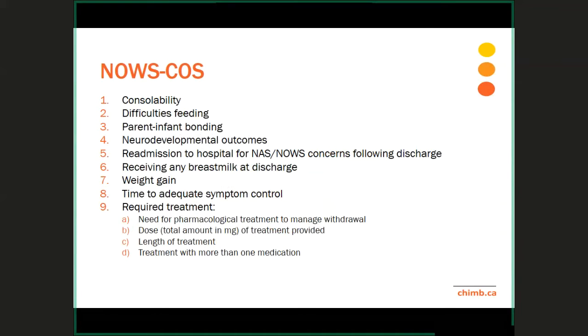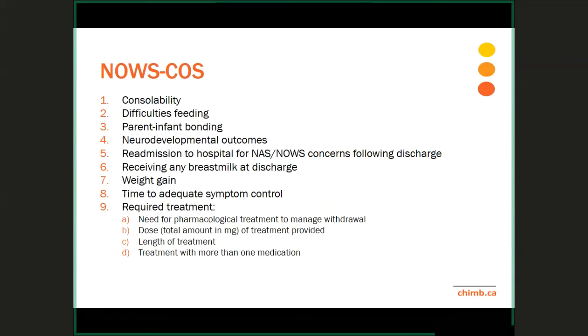This is just to give you an idea of what outcomes we're looking at. Is consolability, difficulty feeding, it doesn't matter what the outcomes actually are. But really they're 9 outcomes, but it's really 10, 11, 12, it's really 13 outcomes. So it's a lot of information. And this started from 63 outcomes, and there were many discussions around what would go in there.